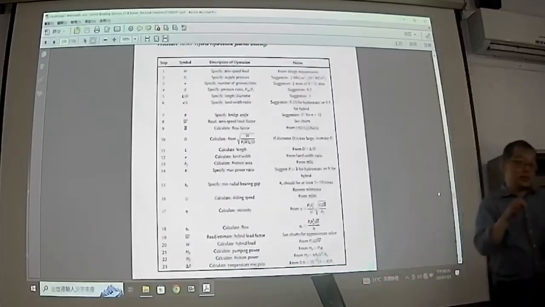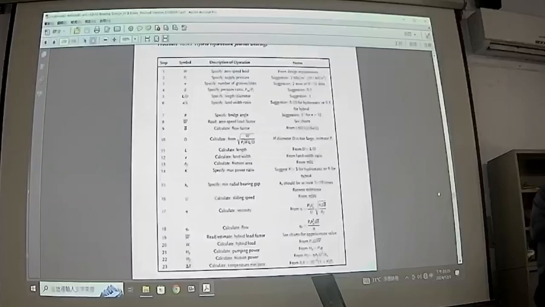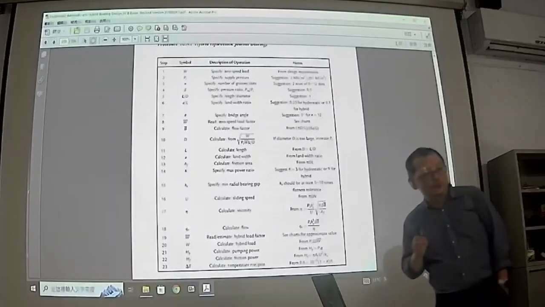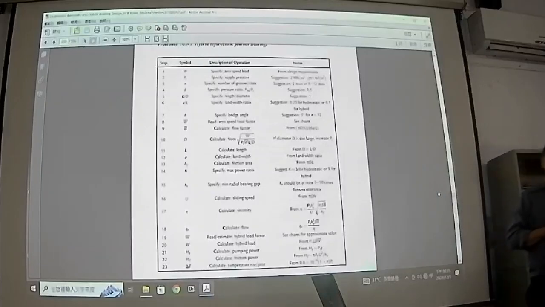The easiest way for you to do some estimation for the design of hydrostatic bearing is to make it into an Excel table to estimate the bearing performance. So you change this table into an Excel. So next week you need to practice in the classroom, so you need to bring your personal laptop computer.